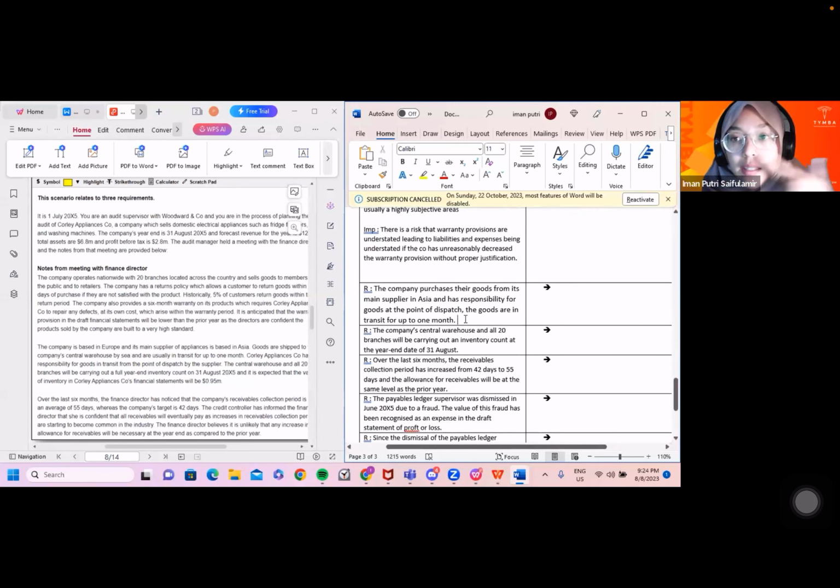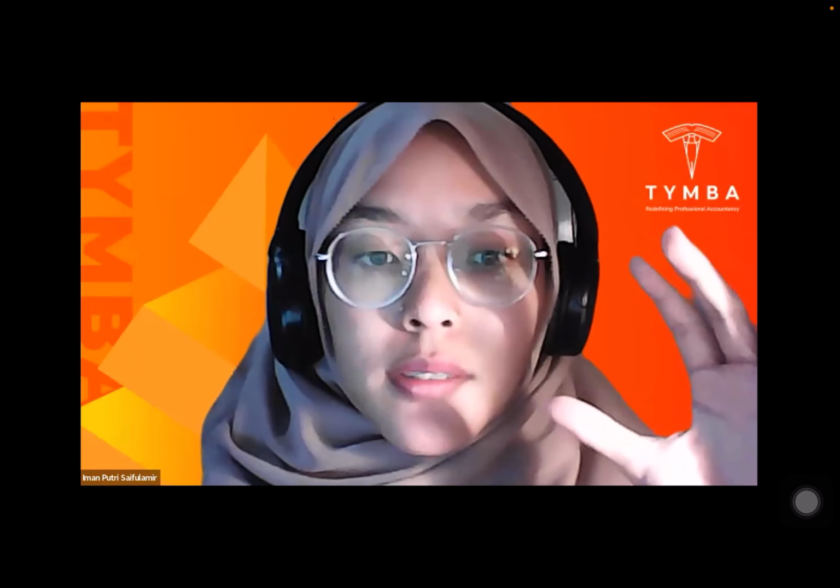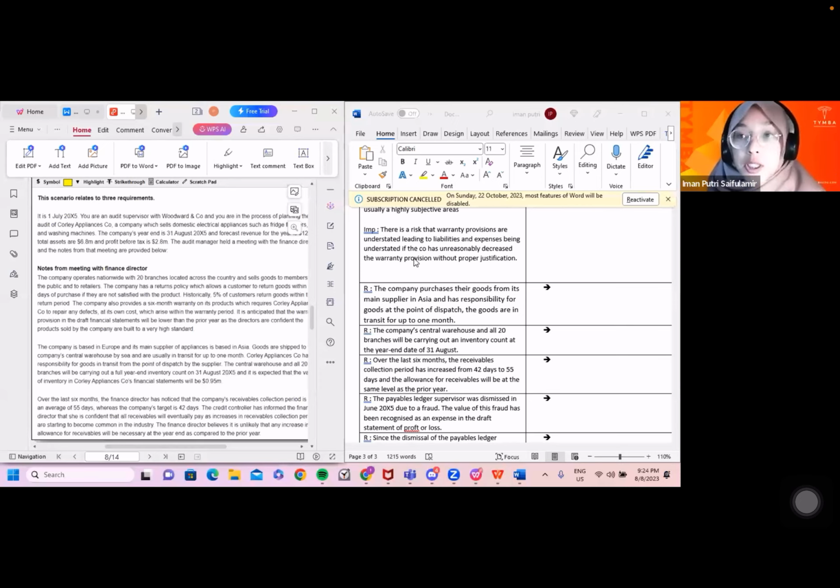I want to explain this in more detail because it is a bit confusing because of the wording. While I share my screen, can you write in the chat box when we will basically recognize purchases?